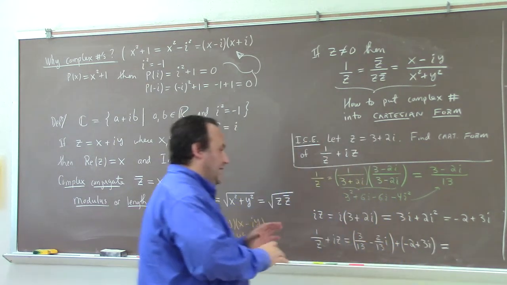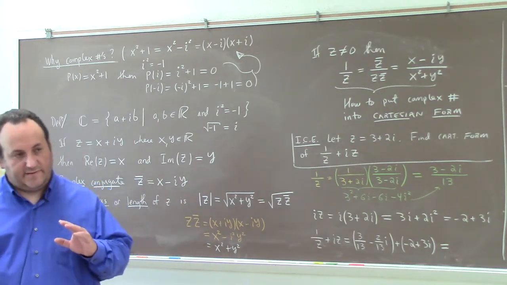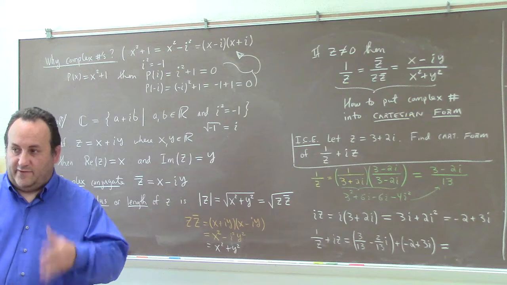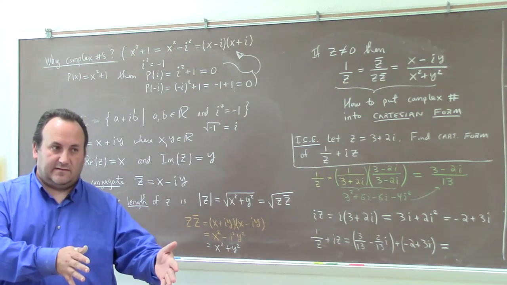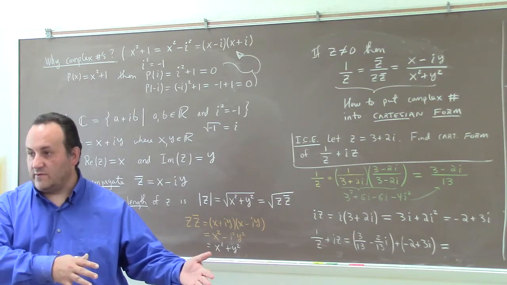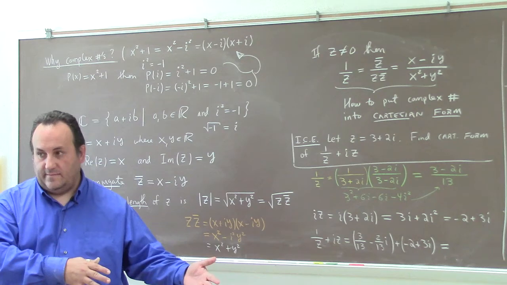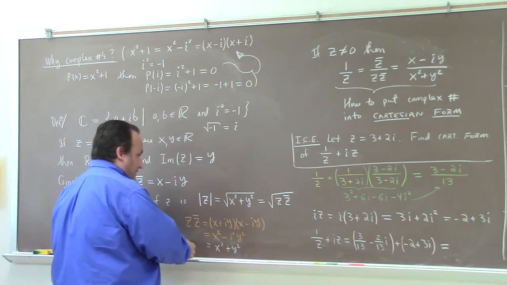Why did I put them both in Cartesian form? Because to add two complex numbers in Cartesian form, we just add the real part to the real part, and we add the imaginary part to the imaginary part, just like that. I can't just add parts unless I have them both in Cartesian form, though. That's one of the advantages of the Cartesian form, is it allows me to actually perform this kind of arithmetic.